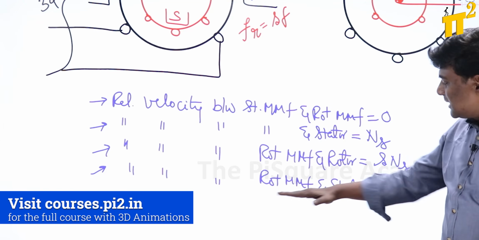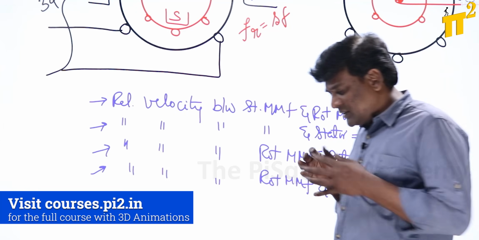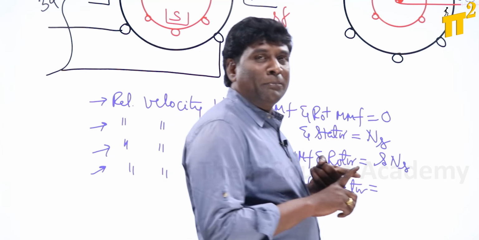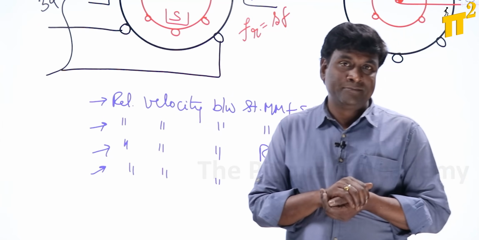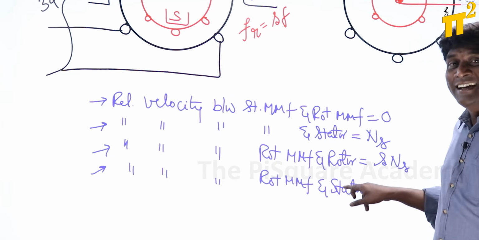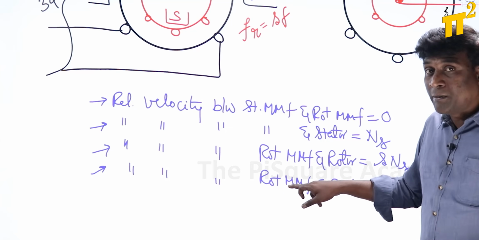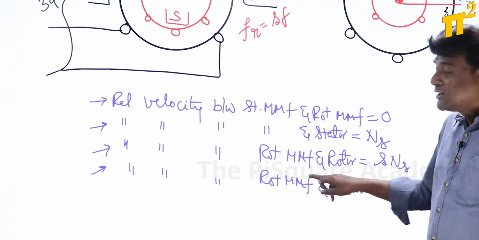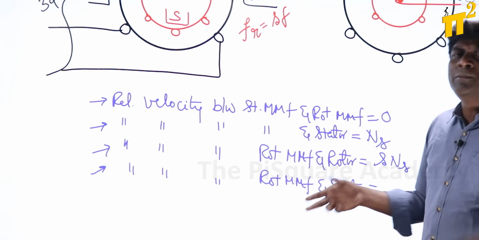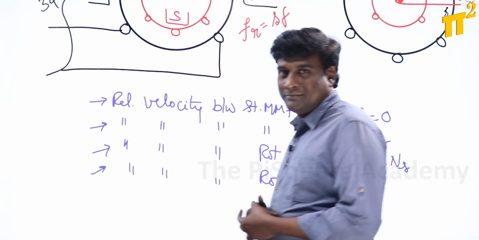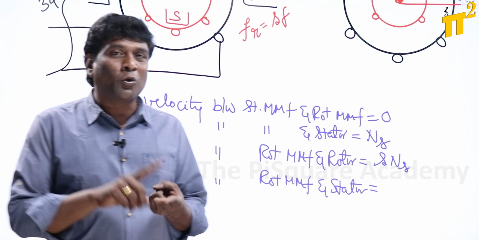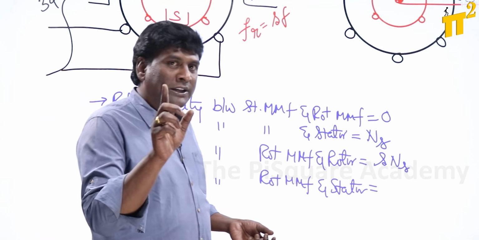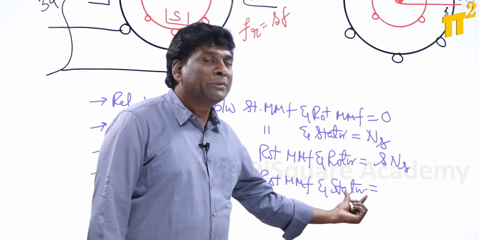The conclusion is very simple: we know that the relative velocity between stator MMF and rotor MMF should be zero. So the moment you are sitting on the stator and looking at rotor MMF, don't try to visualize things, it's not that much required. Why take rotor MMF? You can take stator MMF, no? Because stator MMF and rotor MMF will be stationary to each other. So just to confuse you, they will ask this question saying rotor MMF and stator.